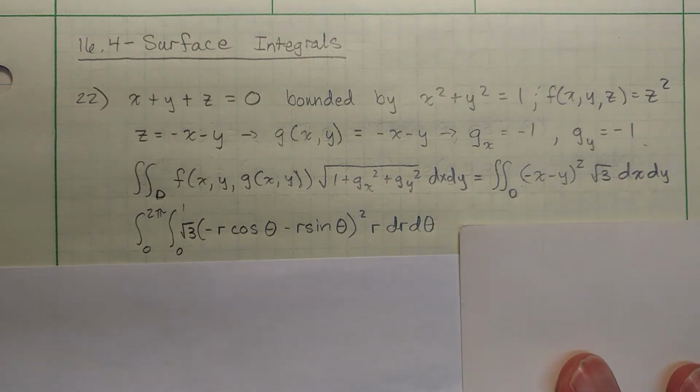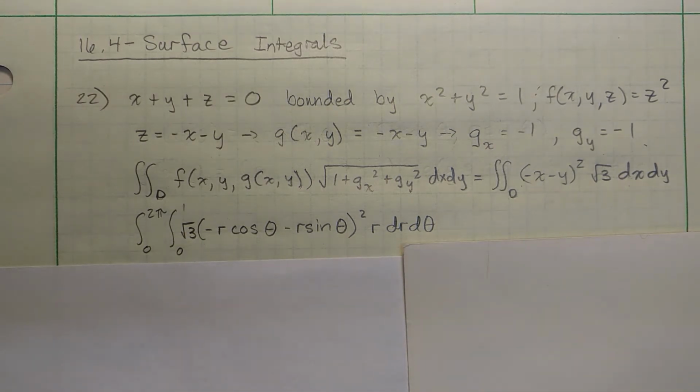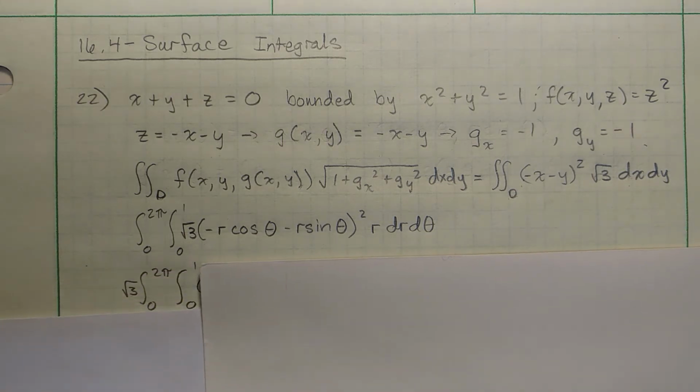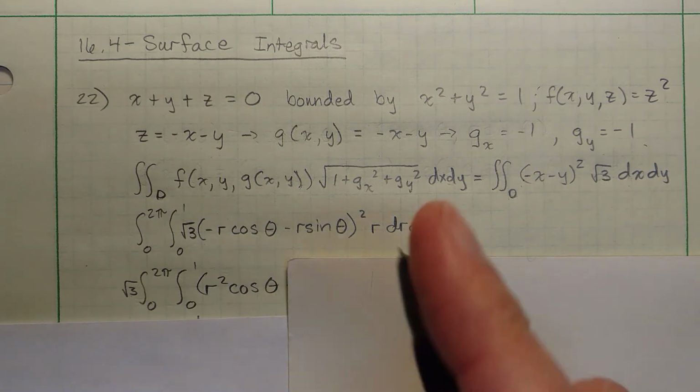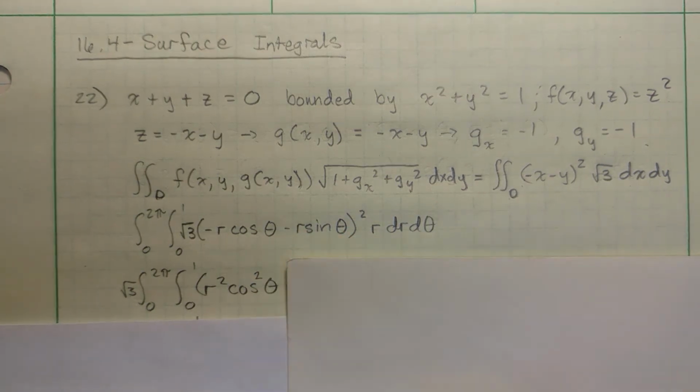So from that, now we can go through and do our process of integration. The first thing we want to do is factor out that radical 3, then do the actual expansion. So this is going to be r squared cosine squared theta, whoops, I'm missing my squared there.